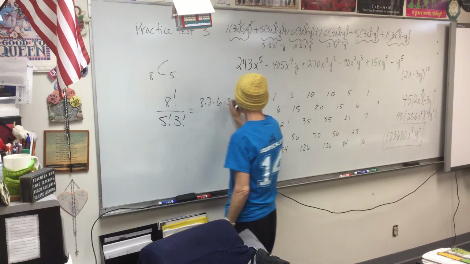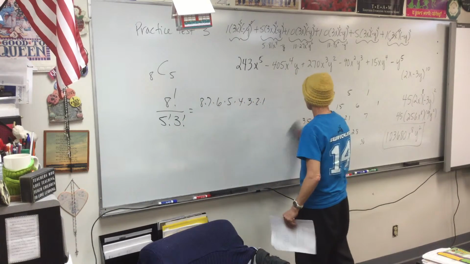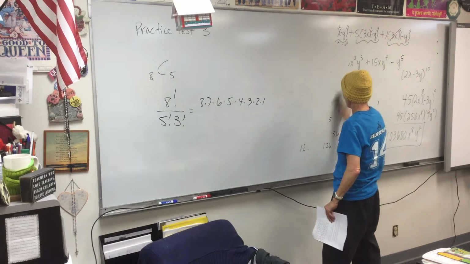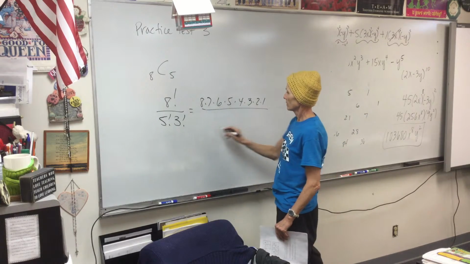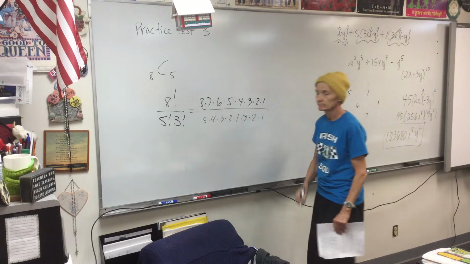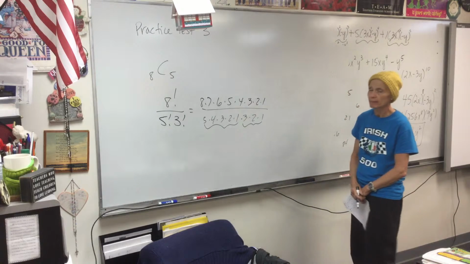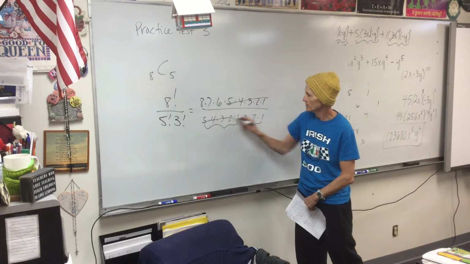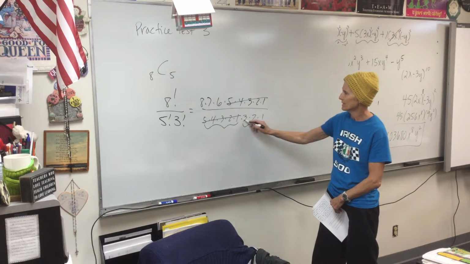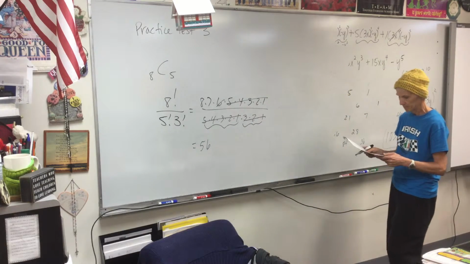So 8, 7, 6, 5, 4, 3, 2, 1, divided by 5, 4, 3, 2, 1, 3, 2, 1. 5 factorial, 3 factorial on the bottom. So everything from 5 down is going to cancel. This looks familiar. I think we've done this before. 3 times 2 times 1 is 6. That cancels with that. And the answer is 56.